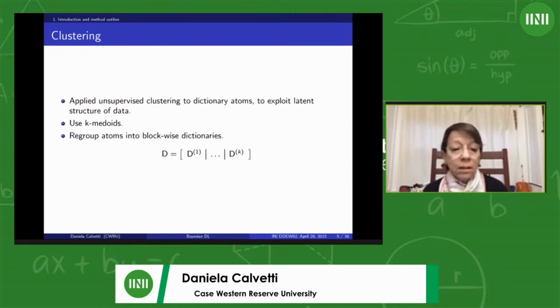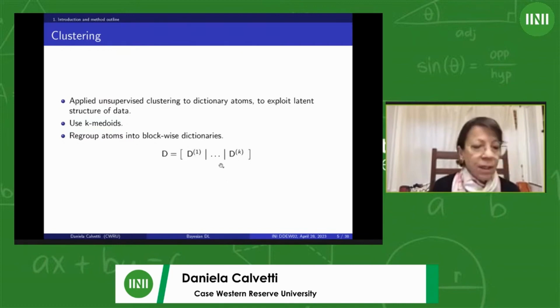In our numerical examples and in our daily life, we often use k-medoids to lower the effect of outliers. And once we're done with the clustering, we rearrange the dictionary so that the matrix D is partitioned in blocks of columns that correspond to the subdictionaries.